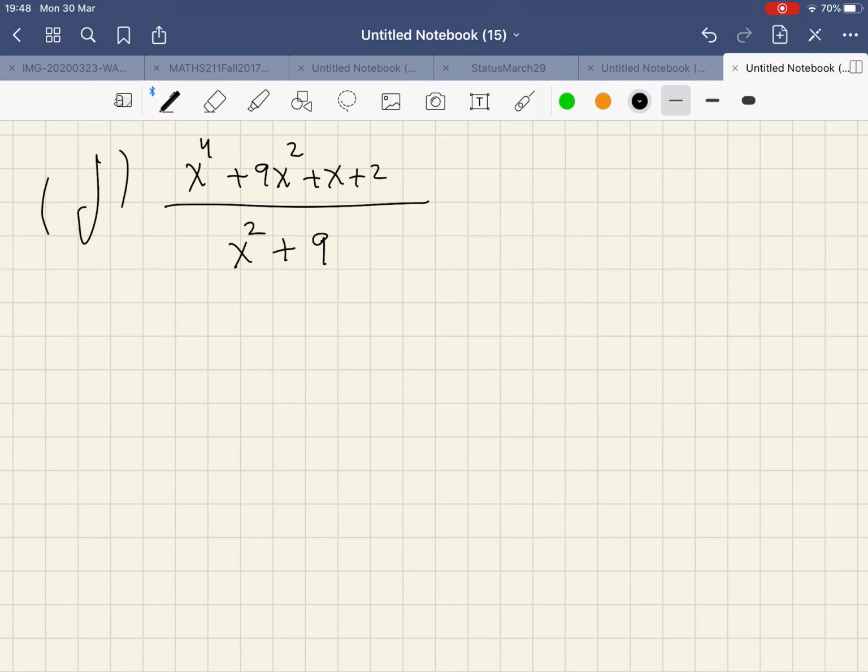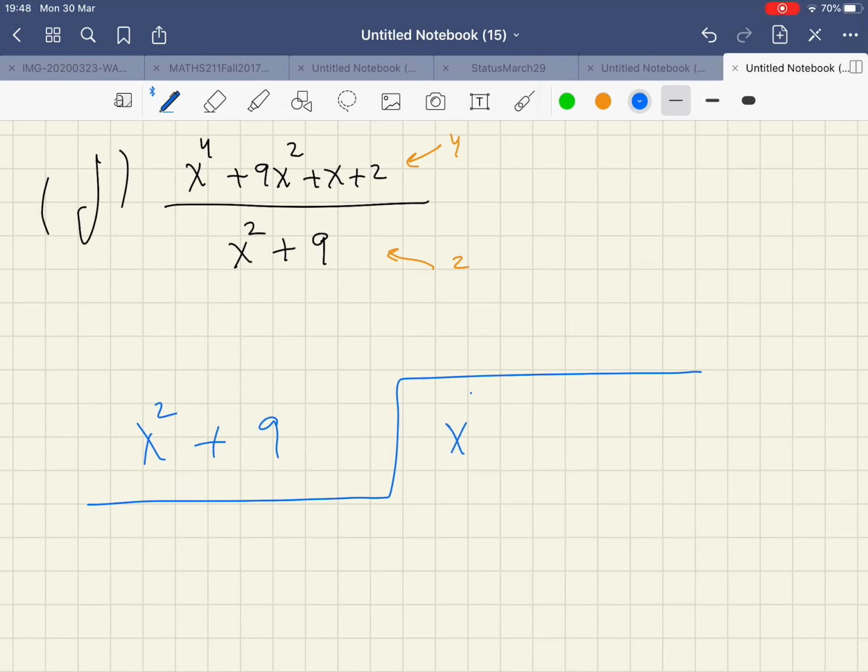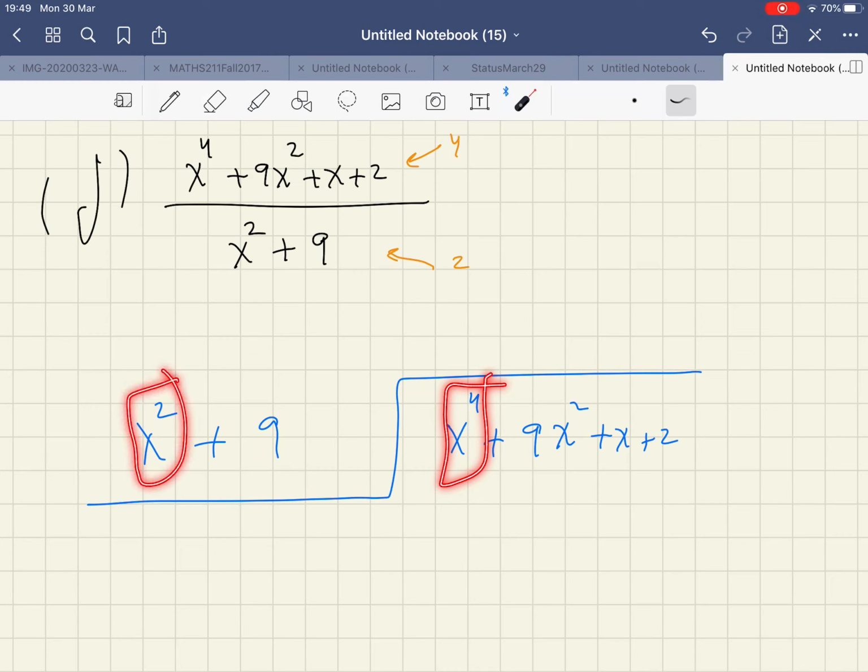Okay, again, because the power here in the top is 4 and the power here is 2, we need to do the long division. x squared plus 9, and here x to the 4th, 9x squared, x plus 2. Now take the highest power divided by the highest power. So you divide x to the 4th over x squared, you will just get x squared.